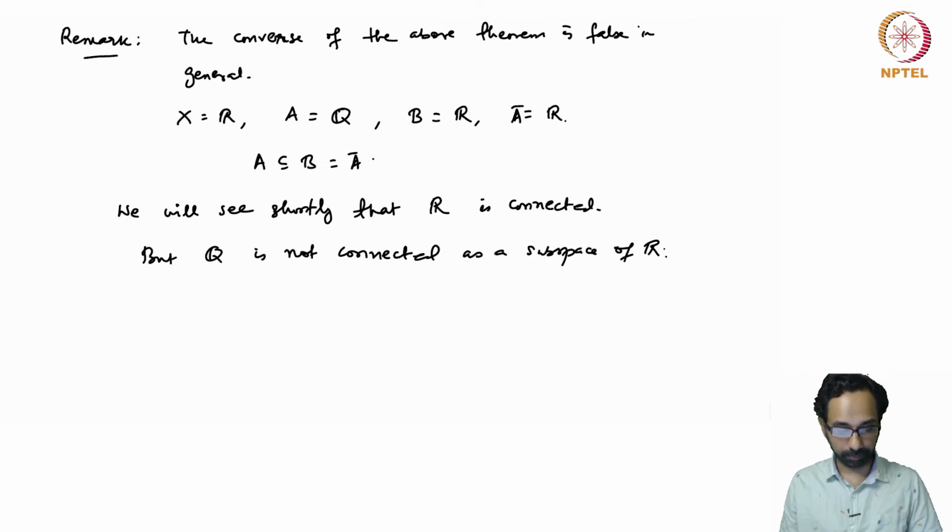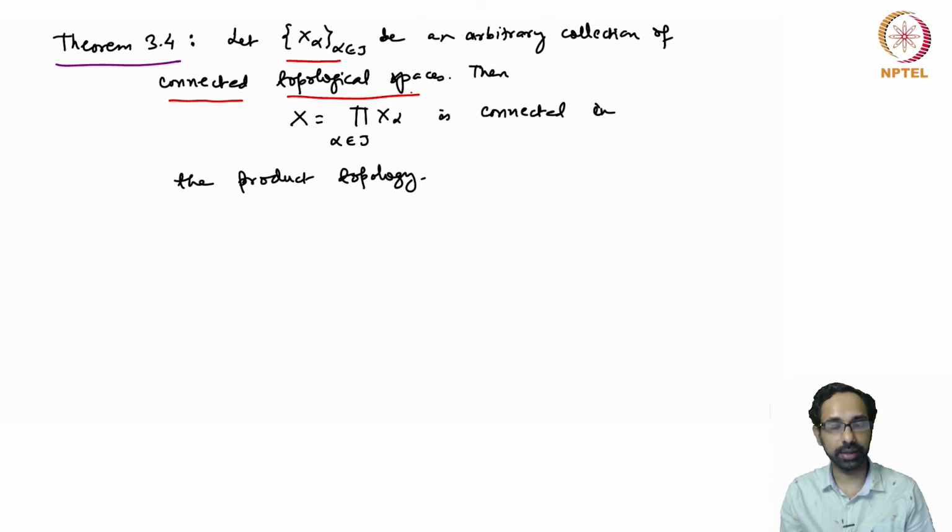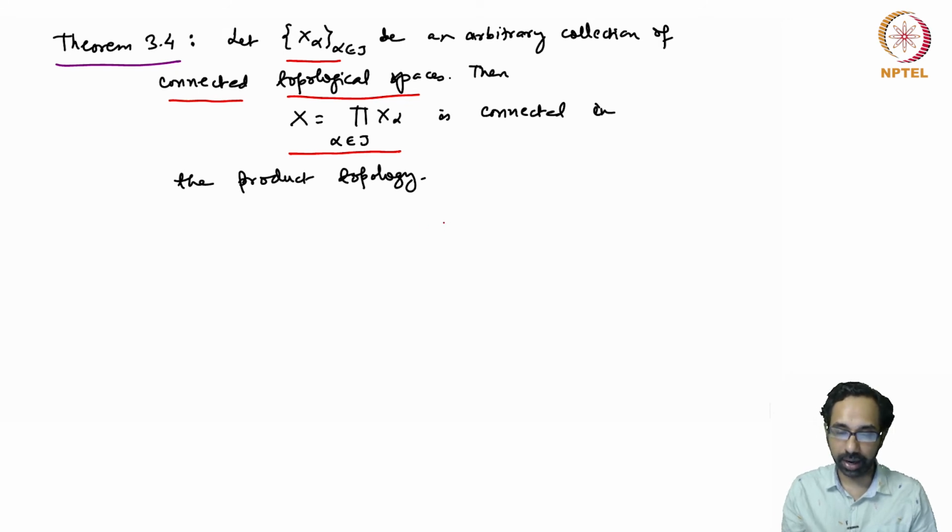And now we will go to connectedness of arbitrary Cartesian products of connected spaces. So in this theorem, we consider an arbitrary collection X alpha of connected topological spaces. So each X alpha is a connected topological space, and then we take this arbitrary Cartesian product of all these X alphas, and the claim is that it is connected in the product topology.